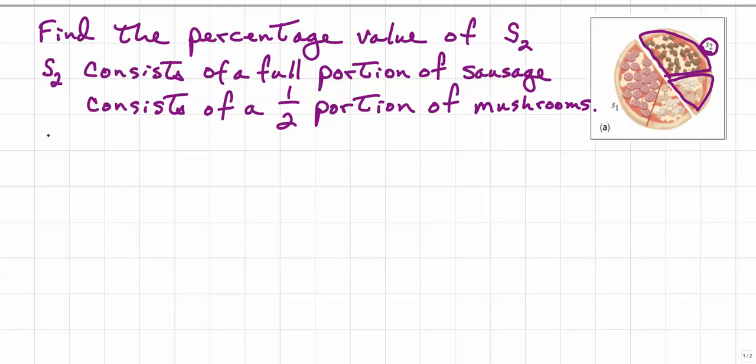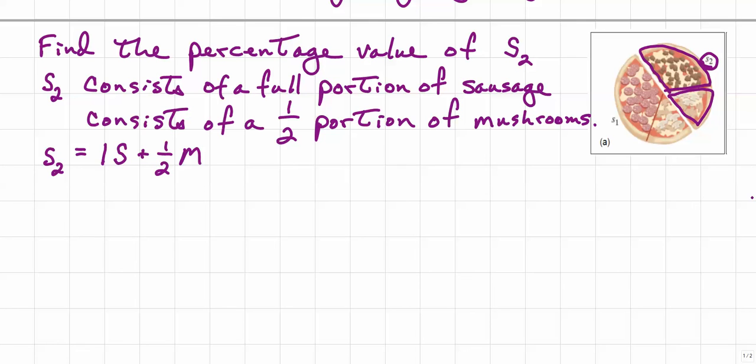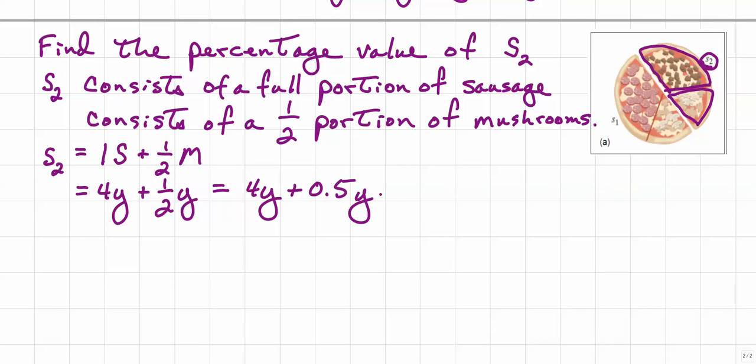So S sub 2, or side 2, is equal to 1 full portion of sausage plus 1/2 portion of mushrooms. But remember, and I'll scroll back up so we can look at that, mushroom was equal to y and sausage is equal to 4y. So since we have 1 full portion of sausage, that will be 4y, plus 1/2 y for mushroom. We'll rewrite that as 4y plus 0.5y, which is equal to 4.5y.